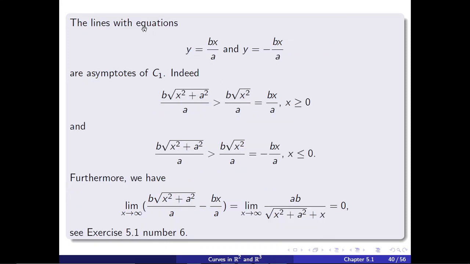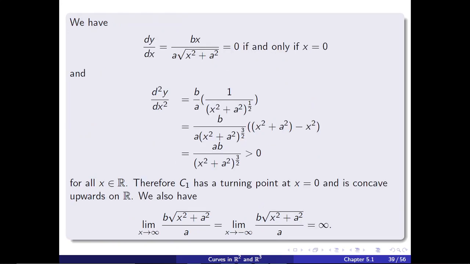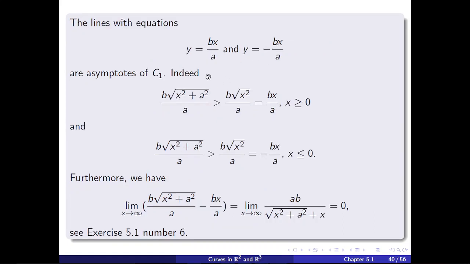And then the lines with equations y is equal to bx over a and y is equal to minus bx over a are asymptotes of C1. We can see that for the positive branch, b over a times the square root of that is greater than bx over a for any x that is greater than 0.